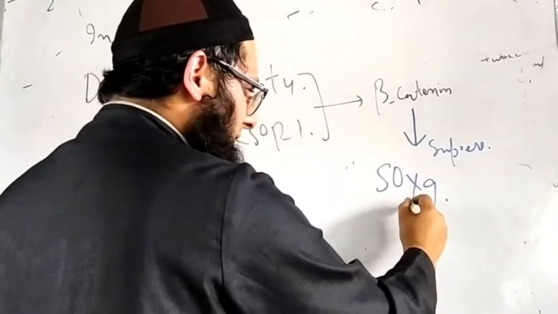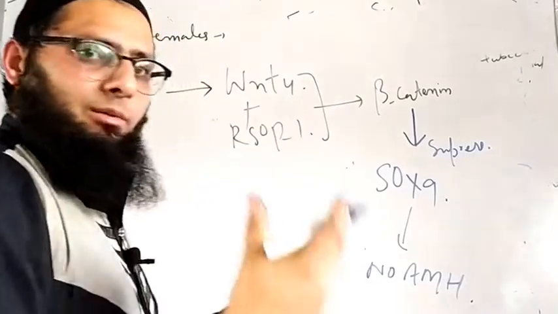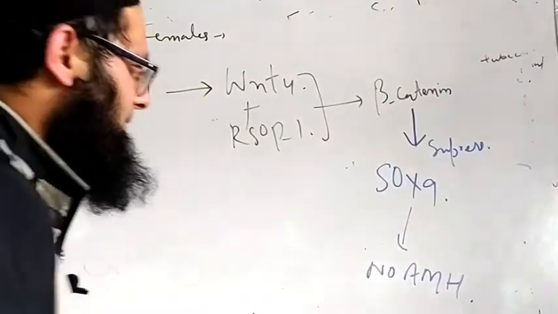So when there is no SOX9, there will be no AMH, so no regression of the Mullerian duct. So the Mullerian duct will be formed.